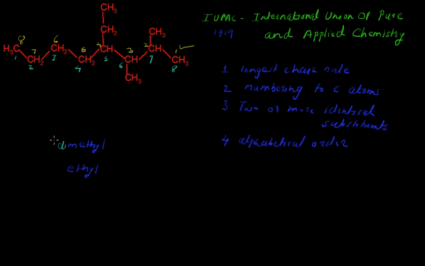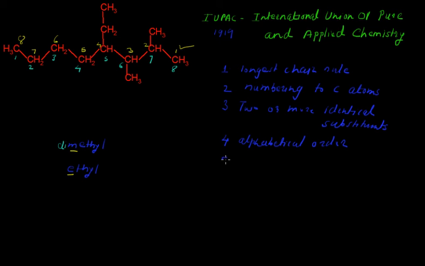So here we have these two substituents, methyl as well as ethyl. So here M as well as E. So here E is coming first in the alphabet. So while writing the IUPAC name of this molecule, we have to take this ethyl first and then we have to write methyl.